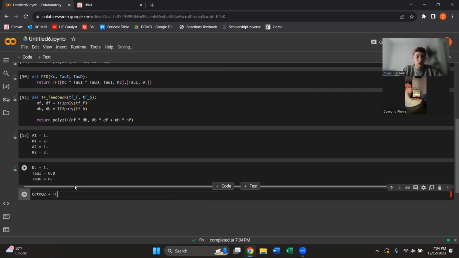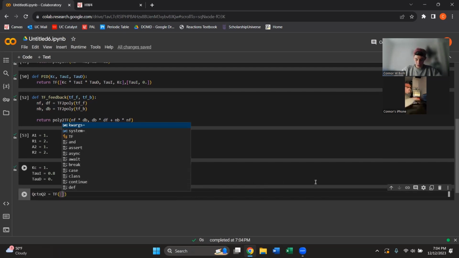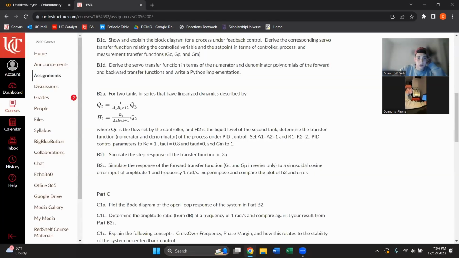This is going to be a transfer function. The numerator. So if we scroll back up to what I had here, we're multiplying that R1 over A1 R1 S plus 1 by 1 over R1, which is this equation multiplied by 1 over R1.